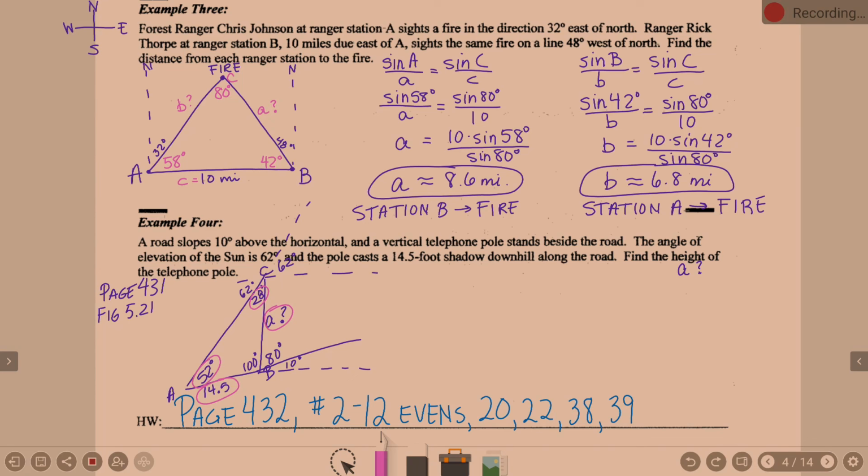So if I forego the letters, the sine of 28 degrees over 14.5 is equal to the sine of 52 degrees over A. I'm going to skip the magical work and tell you that I have written down in my notes the answer is 24.3 feet.